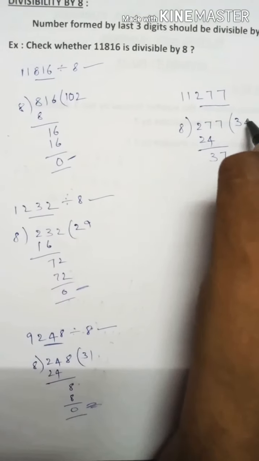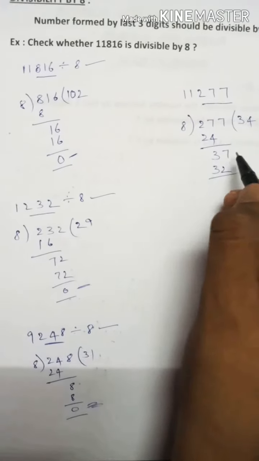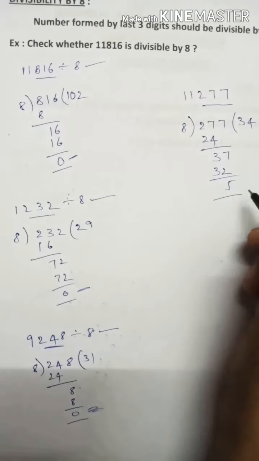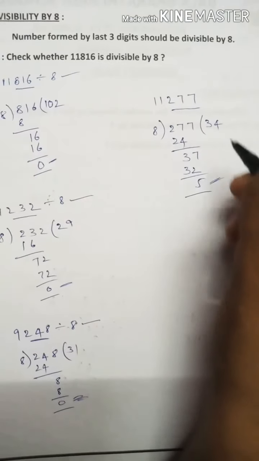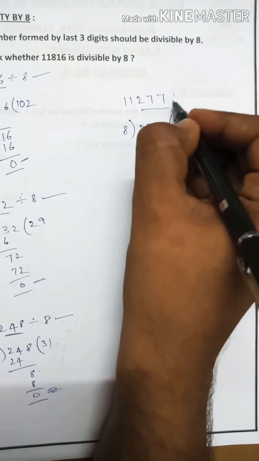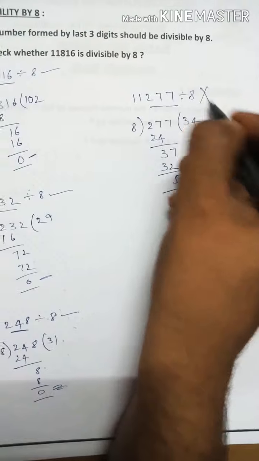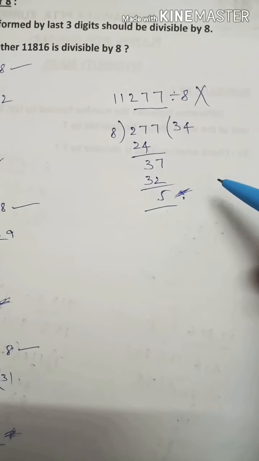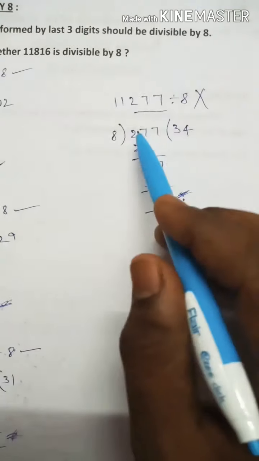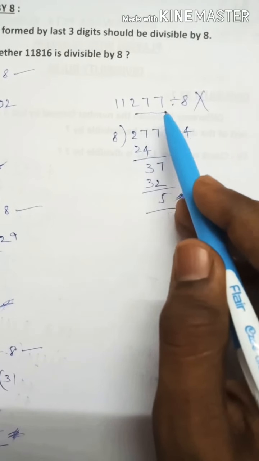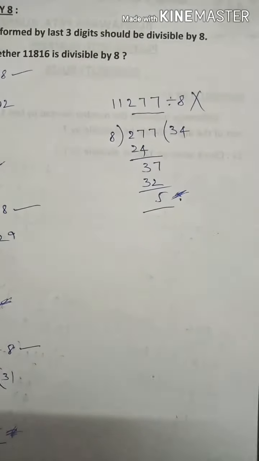Again 8 4s 32. 7 minus 2, 5. Therefore, we got remainder 5 here. So from this we can say that 11,277 is not divisible by 8. Why? Because here we got the remainder 5. That is why 11,277 is not divisible by 8.